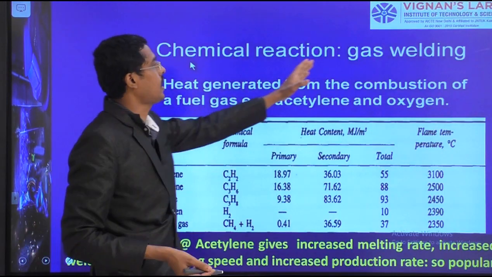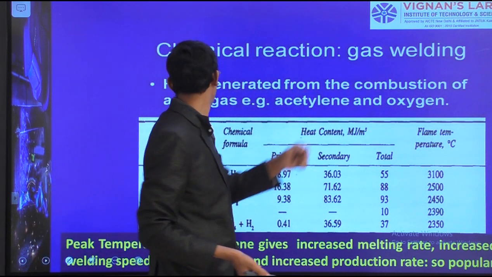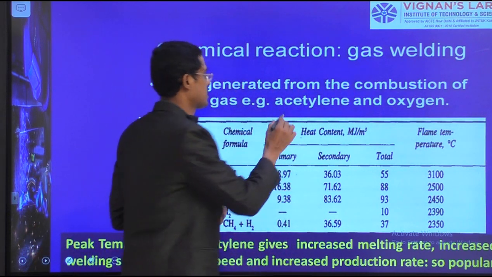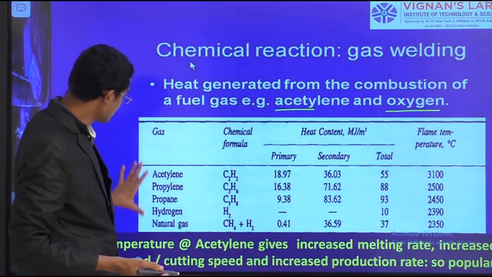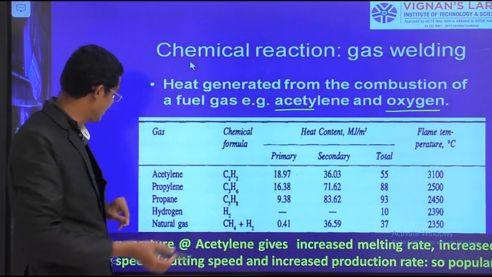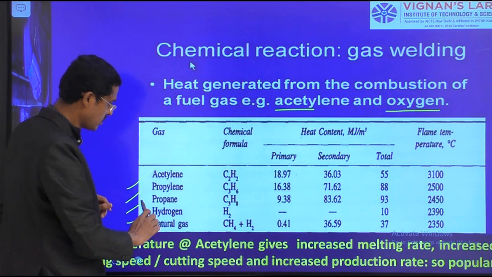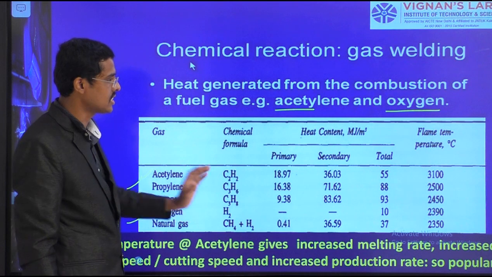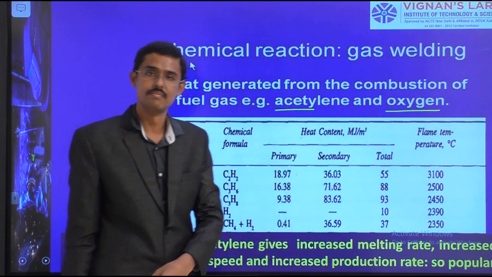So see the chemical reaction of the gas welding methods. Heat is generated from the combustion of fuel gas, for example acetylene, with oxygen. You see the various gases I have taken, such as acetylene, propylene, propane, hydrogen, and natural gas. From this consideration, see the temperature in the last column.